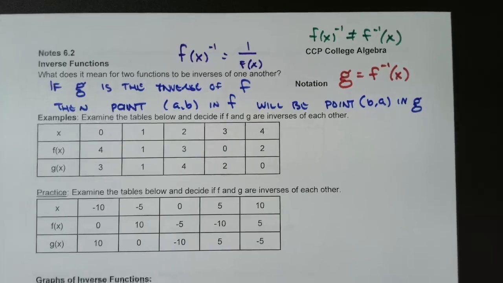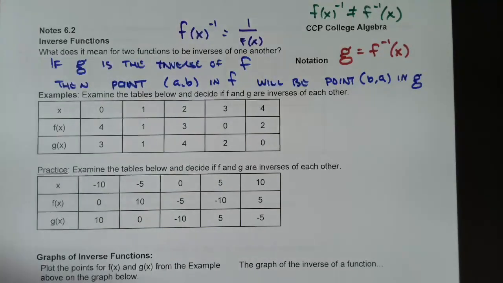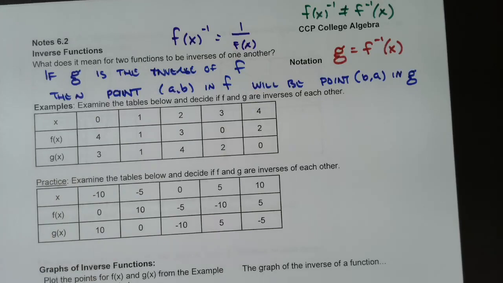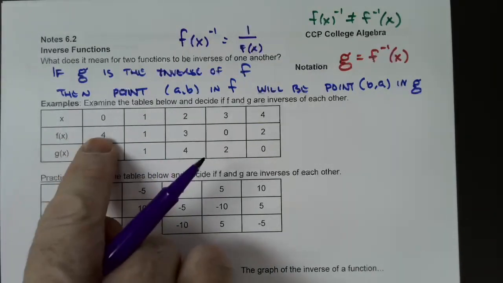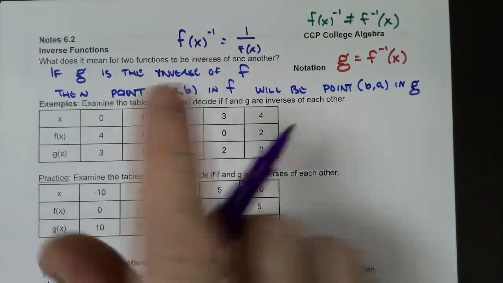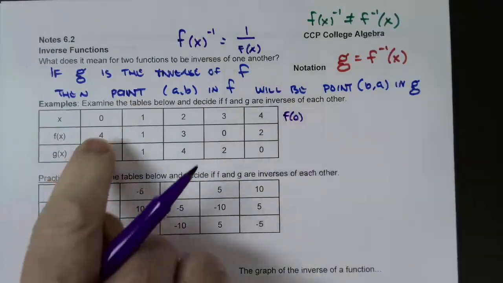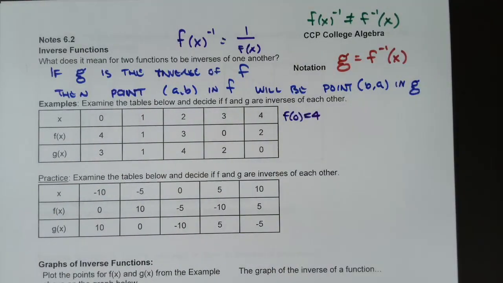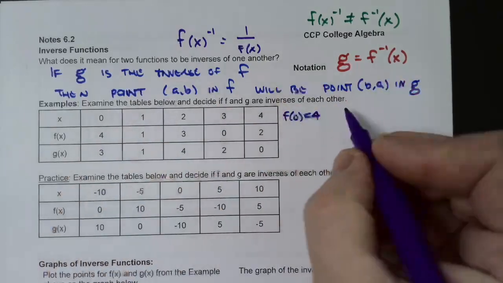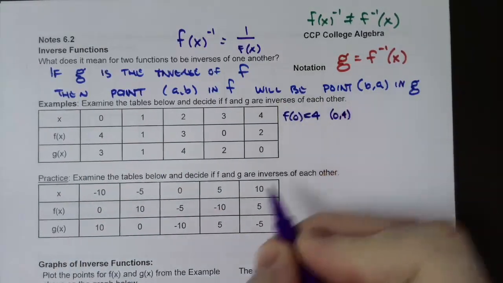So let's try this out and see how this works out, with the first example being: decide if these two functions f and g are inverses of each other based only upon the set of points that we have here. Let's read off this table. If I put in 0 in the f function, I'm going to get 4 out, so we have the point (0, 4).